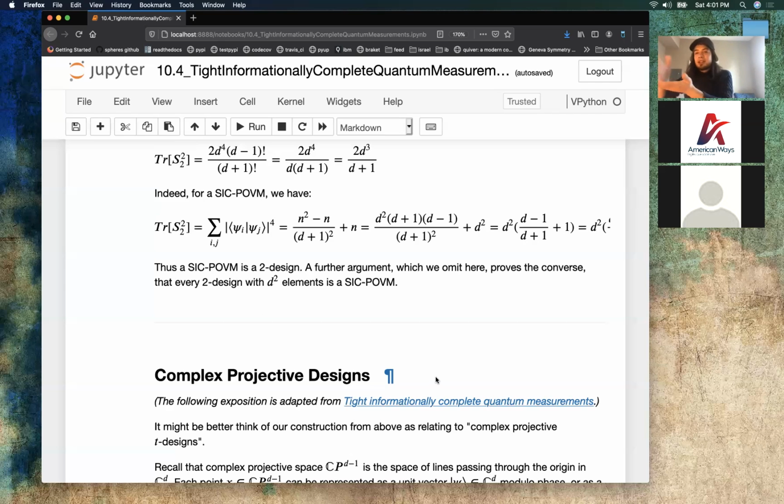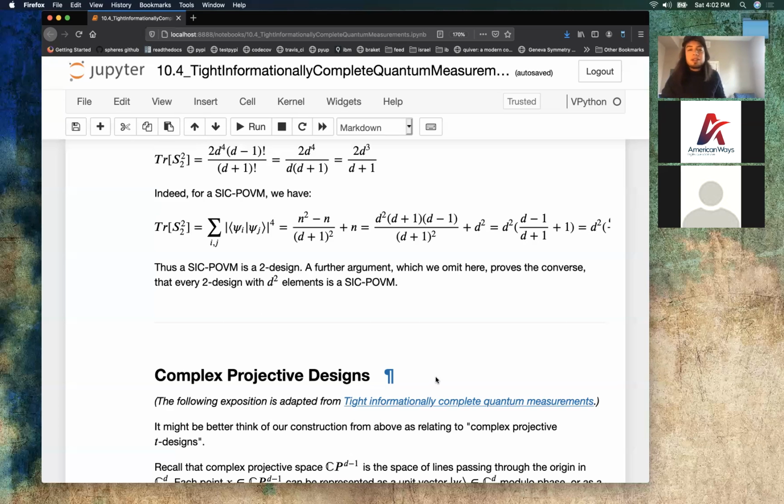The auxiliary system ought to have as many dimensions as the number of POVM elements. And the probabilities will be the trace of the POVM elements on the density matrix.